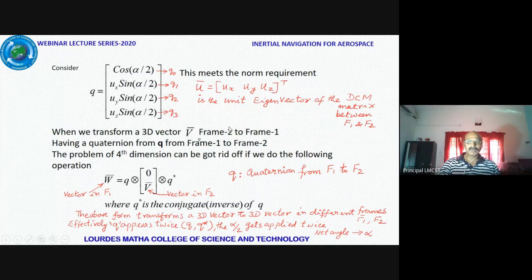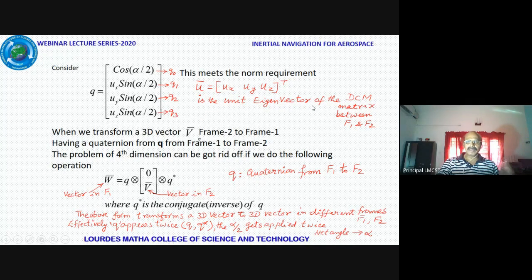Now, before going further, I want to tell you: the ux, uy, uz unit vector is actually the eigenvector of our DCM matrix between the frames F1 to F2, for which this quaternion is defined.